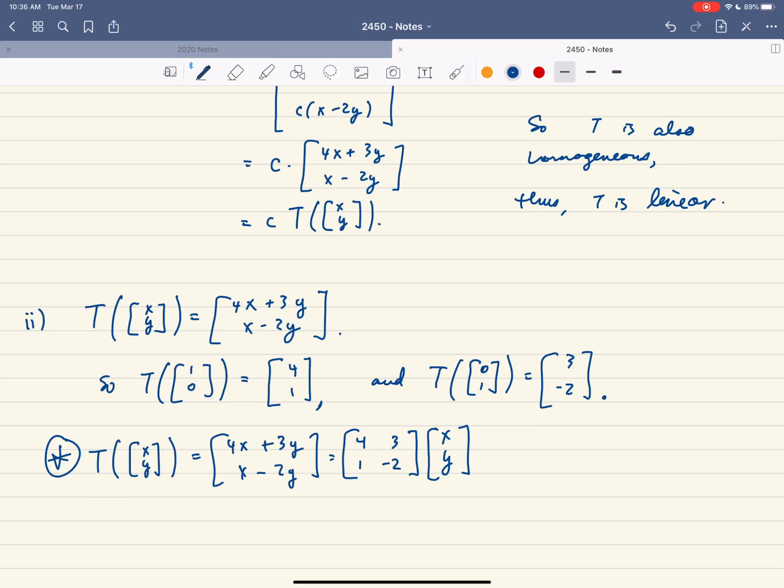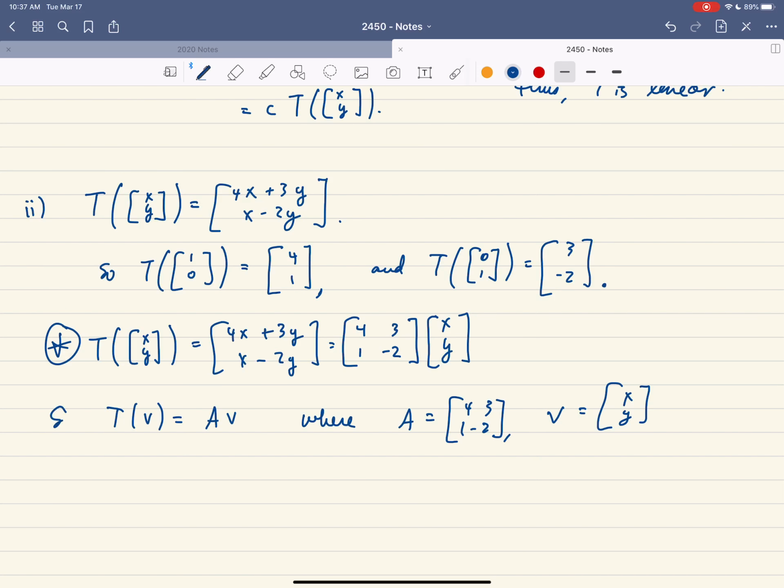T of (x, y) really is you take this matrix A. So I'm going to write T of V is AV, where A is our matrix [4 3; 1 -2], and V was our vector (x, y). That's really what our linear transformation was. This is important.